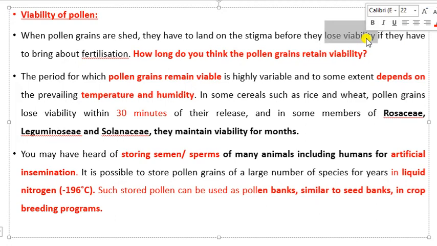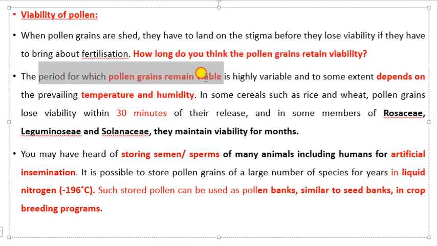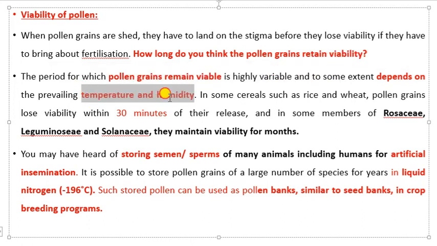So before they lose their viability, these pollen grains should come onto the surface of the stigma for the process of fertilization. The viability of pollen grains is different in different plant species. The period for which the pollen grain remains viable is highly variable, and it depends on temperature as well as humidity of the atmosphere.